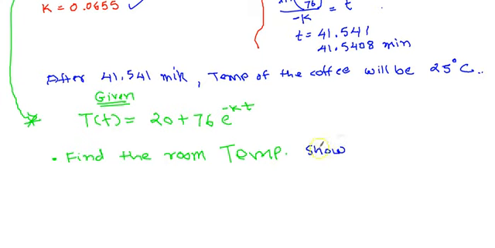Or it says use mathematics to justify. Now you are not given Newton's law of cooling formula, you are given this. How do you find the room temperature?